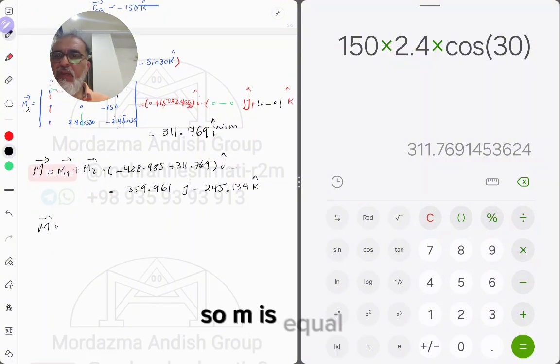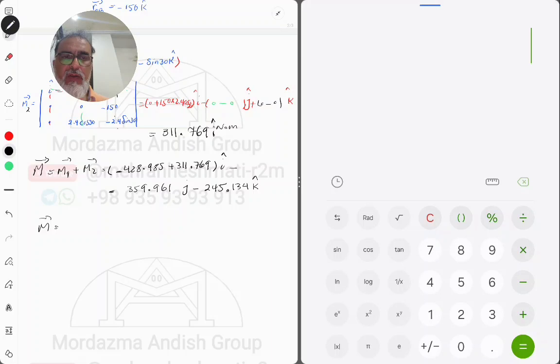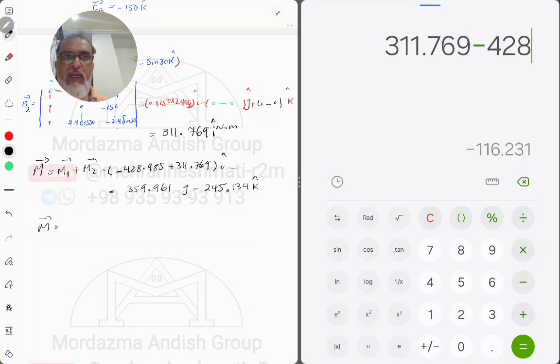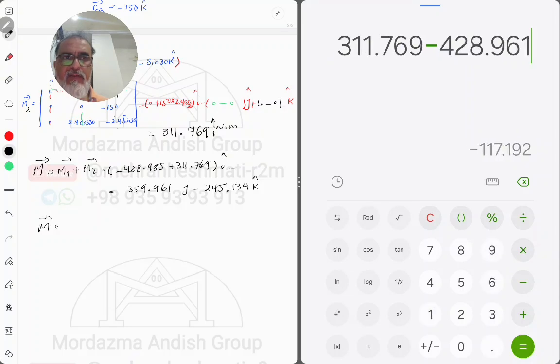So M is equal to 311.769 minus 428.961, minus 117.192 i minus 359.961 j minus 245.134 k.